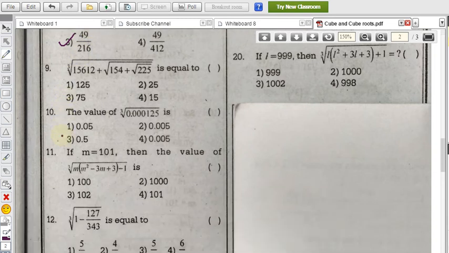Ninth one is cube root of 15,612 plus square root of 154 plus square root of 225. From inside we will take one value. I will take this ninth here.